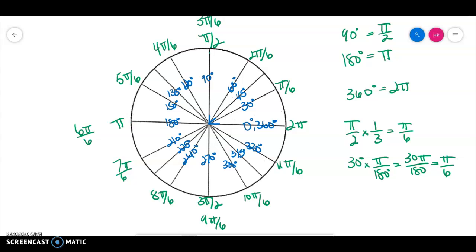So again, lots of values, but things that I can simplify. And that's what the final version of the unit circle ends up looking like.